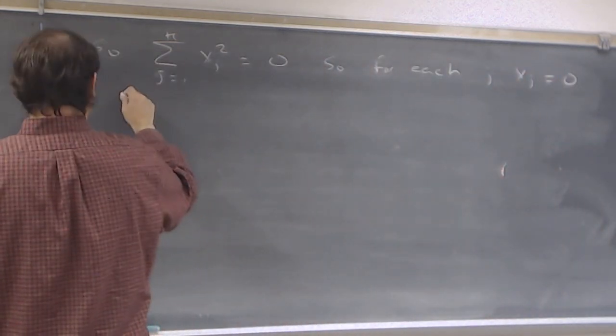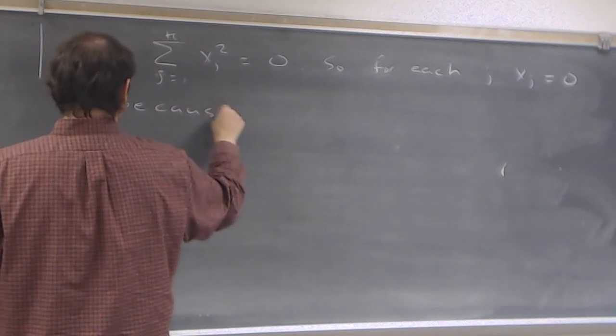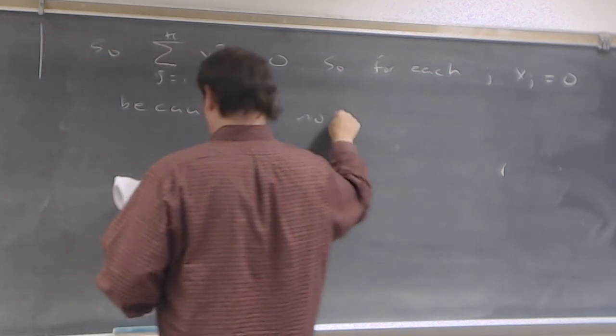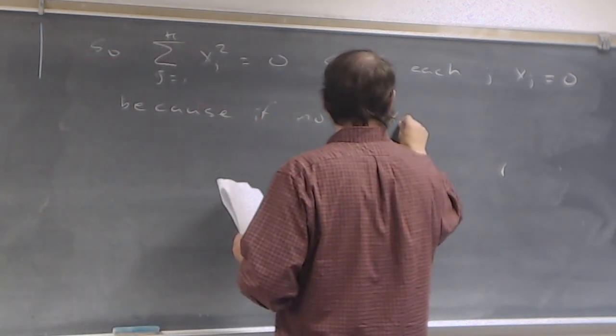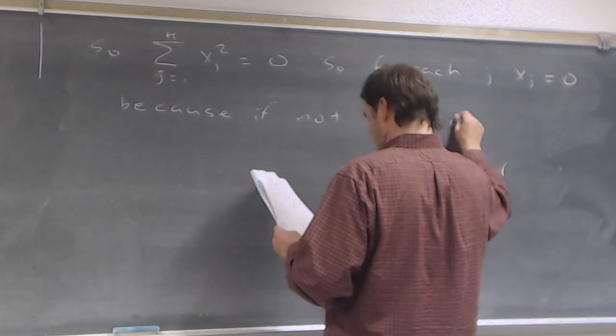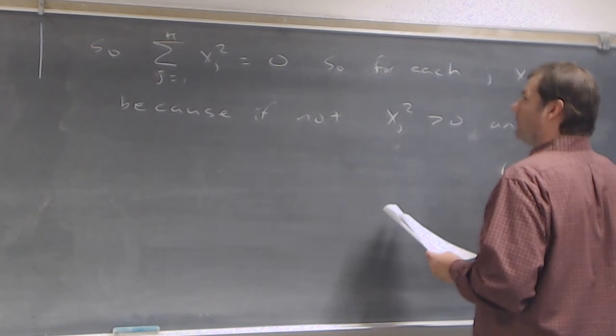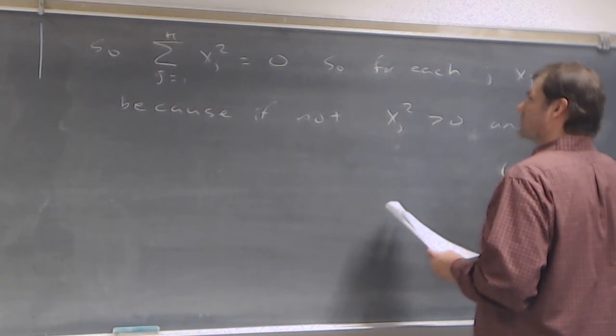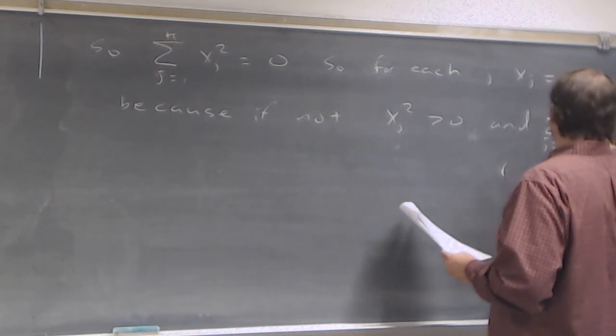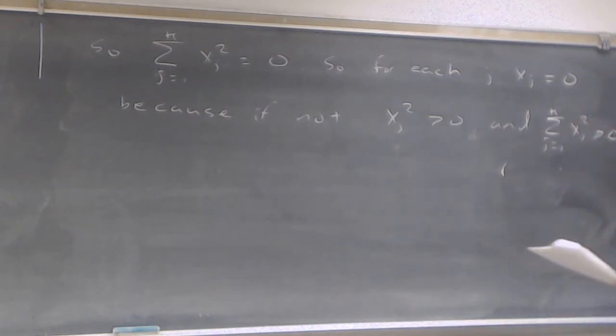For if not, then x of j squared will be greater than 0, and that will make the sum, as j runs from 1 to k of x of j squared, be greater than 0. We don't have that.